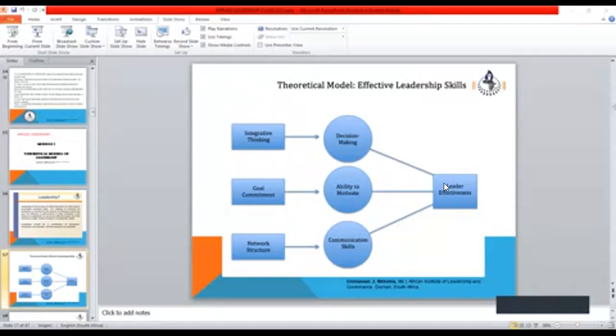Then we go to number 2. It's goal commitment. What is goal commitment? As an effective leader, in goal setting, we speak about setting your goals. Allow me to poke at the ladies in South Africa, not you there.